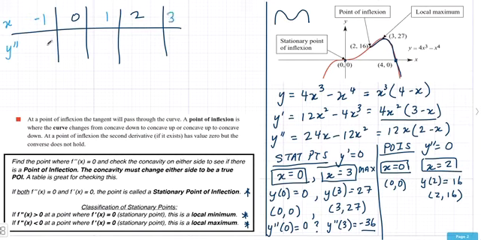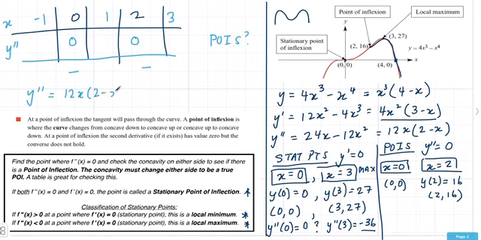Now we know that the second derivative is equal to 0 already at these points because they're possible POIs, but we're not sure. In terms of concavity, the shape, we don't know what's going on at these points, but we're going to be able to look at concavity at these other points. We know our second derivative is 12x(2 minus x).